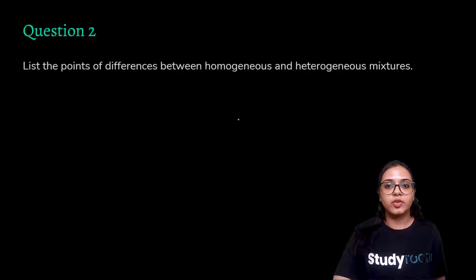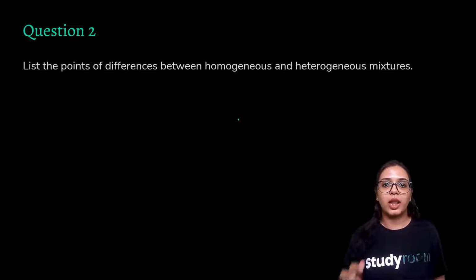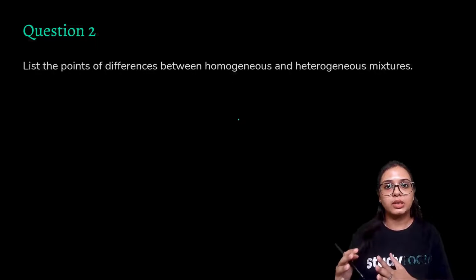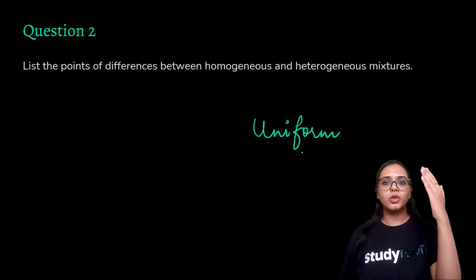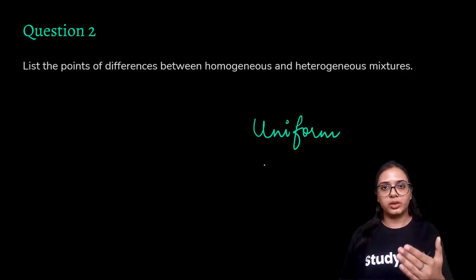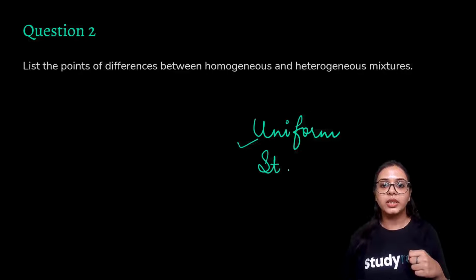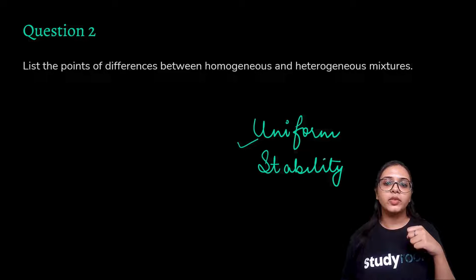List the points of differences between homogeneous and heterogeneous mixtures. Like I told you before, a homogeneous mixture has a very uniform quality. They have stability. So the basis of difference could be the uniform mixture that we obtain after we mix the components together. There is uniformity and stability in a homogeneous mixture. The particles are mixed in a very easy manner.